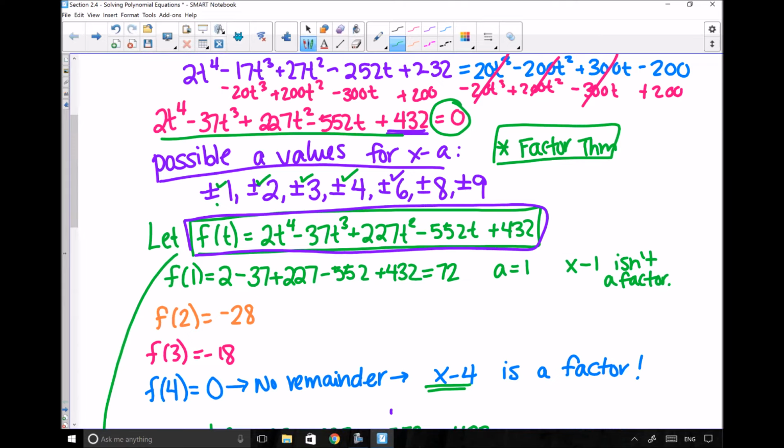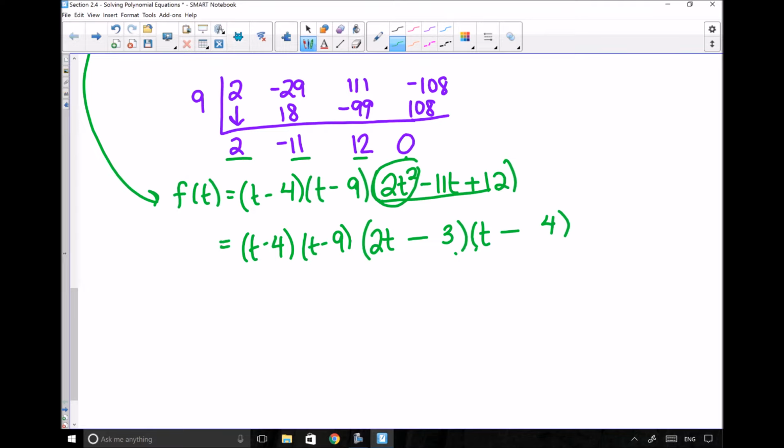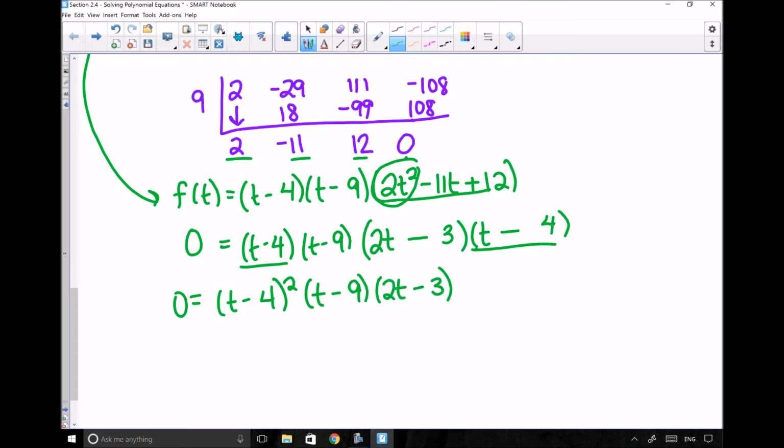So we just let f of t equal all this stuff, but instead of f of t, now we're just going to say it's equal to 0. Okay, so let's go ahead and solve this problem. First, I'm going to put this t minus 4 and this t minus 4 together, and I'm going to say it's t minus 4 squared times t minus 9 times 2t minus 3.